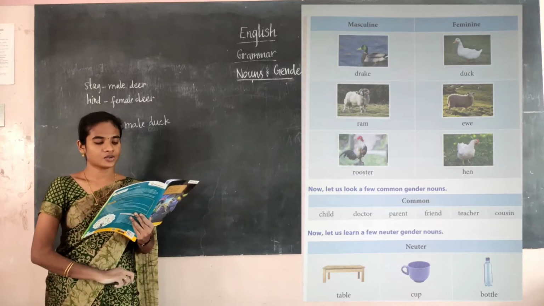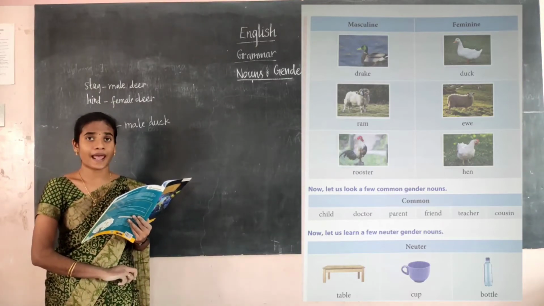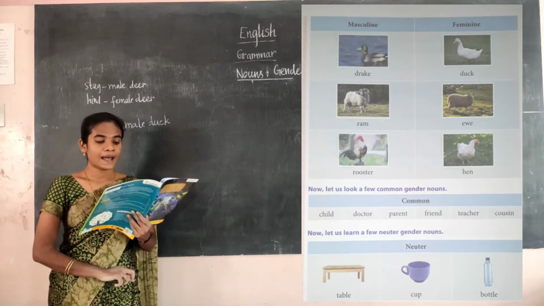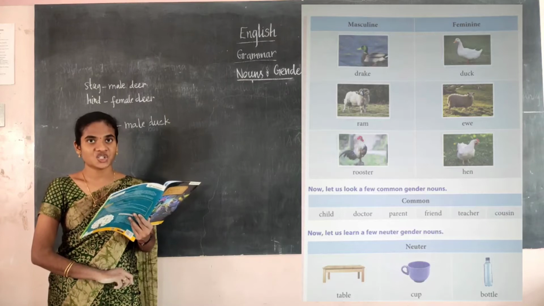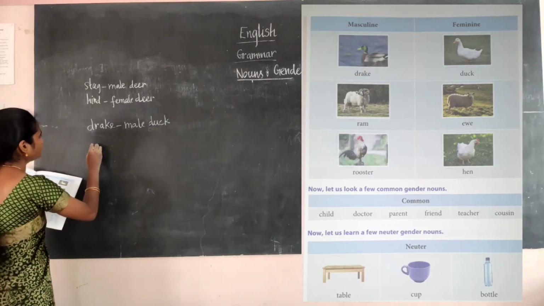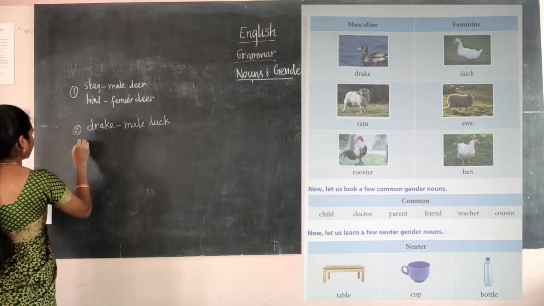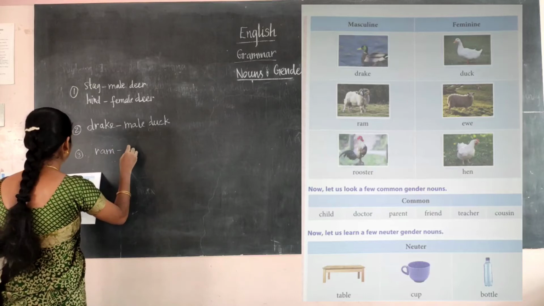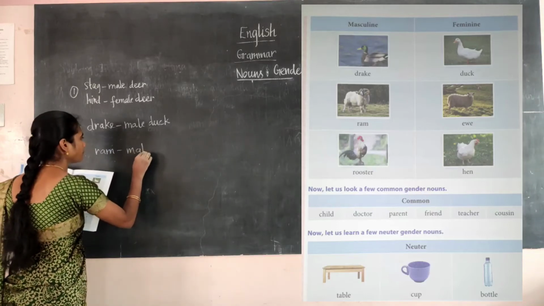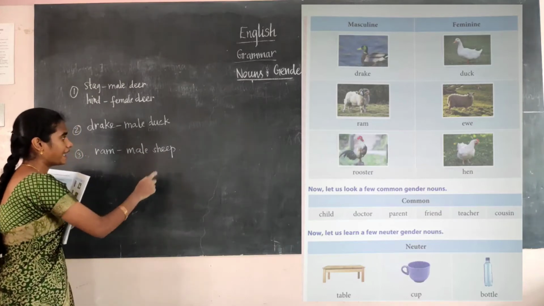Then next, see the next one, ram. You have to pronounce this word as ram. Ram means male sheep.